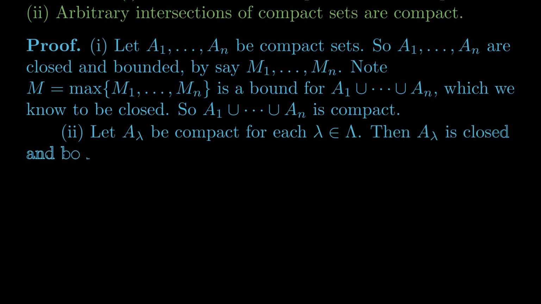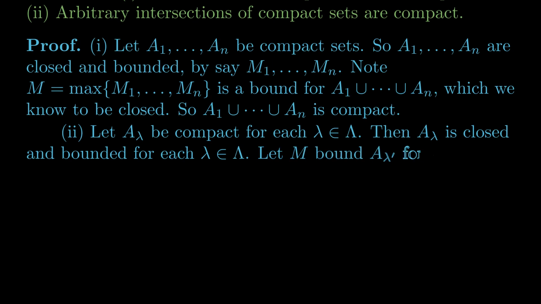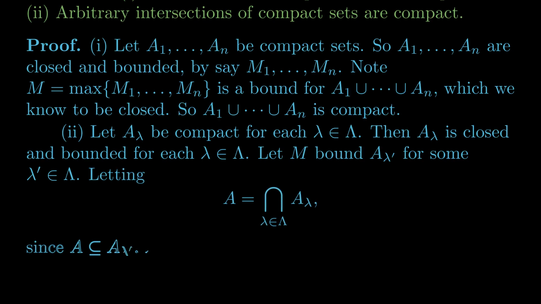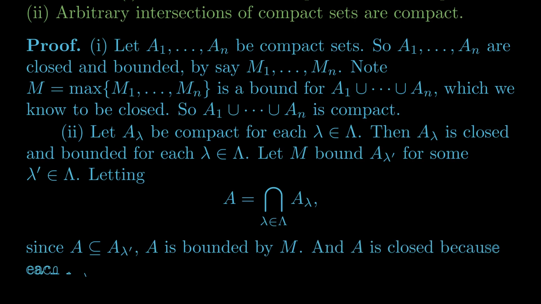Then each A lambda is closed and bounded. We can't take the max of the bounds for each A lambda, but we don't need to. We just need one specific bound. So let M be a bound for some specific A lambda prime, such that lambda prime is in Lambda. We can just pick one at random. Letting A denote their arbitrary intersection, since A is a subset of A lambda prime, A is bounded by M, and A is closed because it's the intersection of a bunch of closed sets, so A is compact.